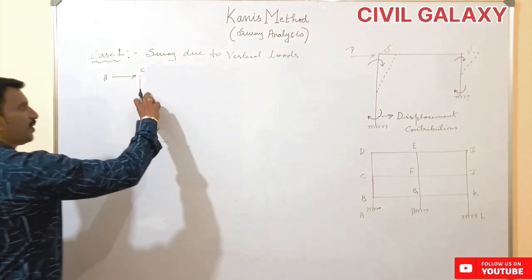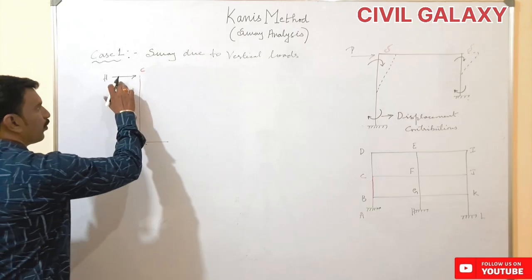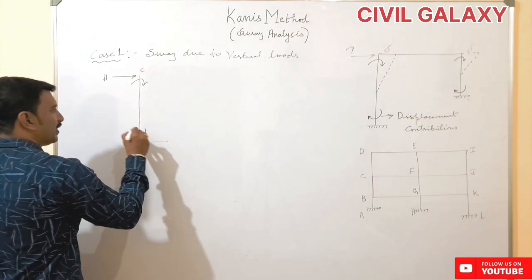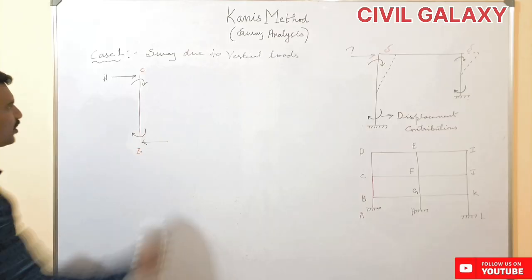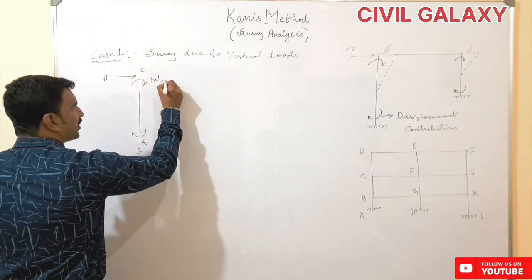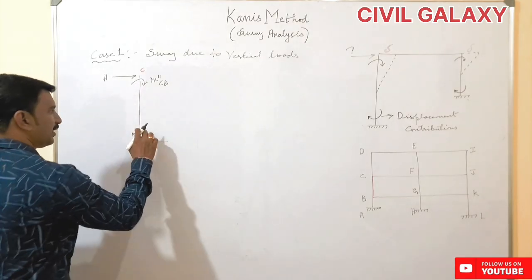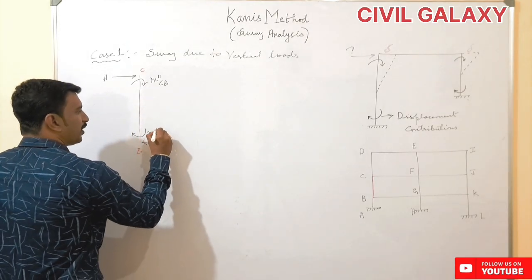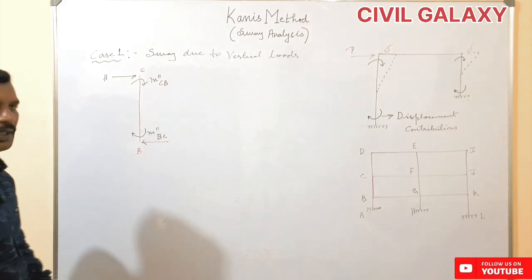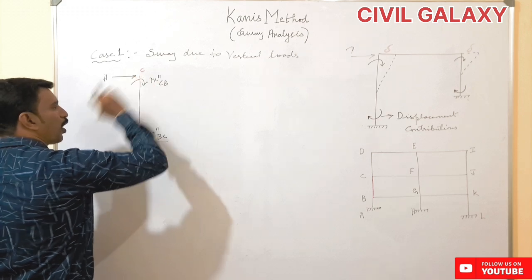Whenever this column is subjected to an additional or external force, we are getting an additional moment like this about the column. This we will represent as M double dash CB, that means the displacement contribution from C to B, and this we can denote as M double dash BC, which means the displacement contribution from B to C. See here, this moment is acting at the top of the column.